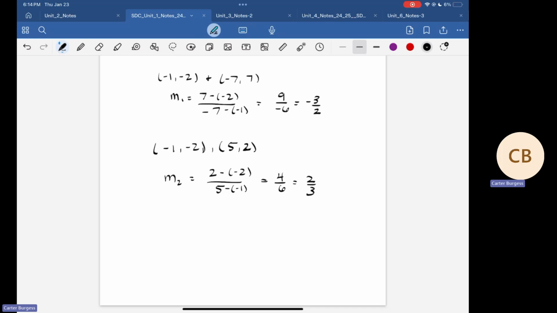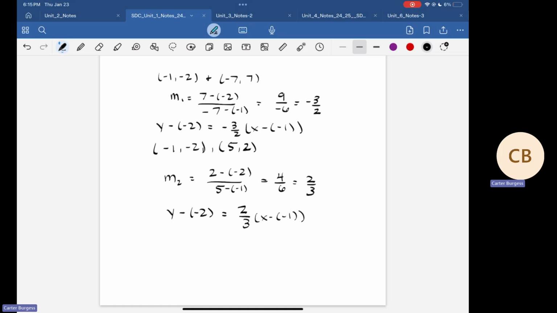In this case, they both share a point, so we could use that point, leave everything the same. What you use as x1 and y1 and x2, y2, it doesn't really matter for our equation. Regardless, we will end up with something like y minus -2 is equal to -3 over 2 times x minus -1. And similarly, y minus -2 equals 2 over 3 times x minus -1.